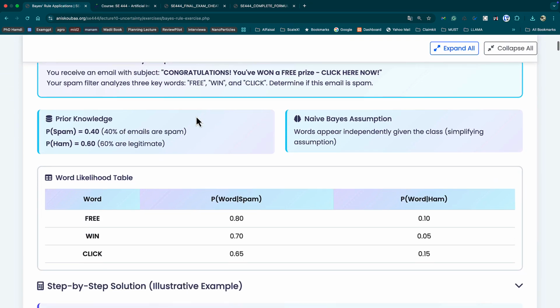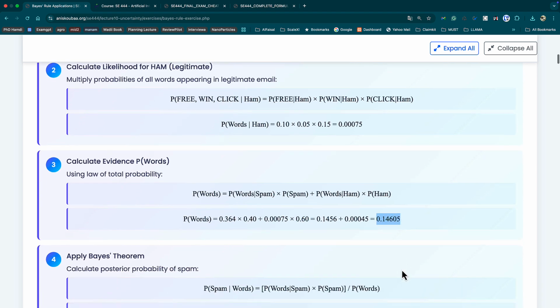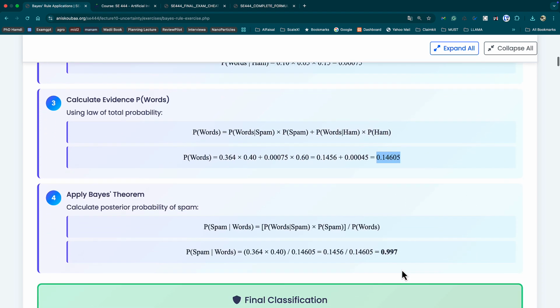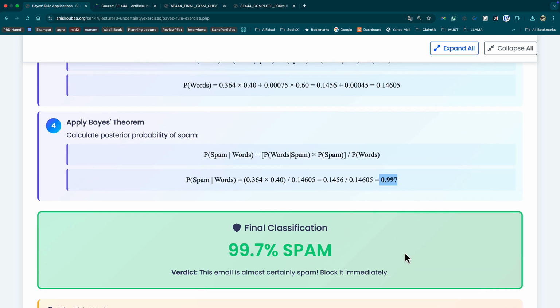It's given on the top. Yes. So I calculated this value now, and finally I have all the different numbers I need. So doing all this, the probability of words given spam that I calculated, multiplied by the probability of spam 0.4, divided by the probability of evidence, which I calculated here, is going to be the number. So here the final classification, naive Bayes says 99%, this is spam, makes sense.